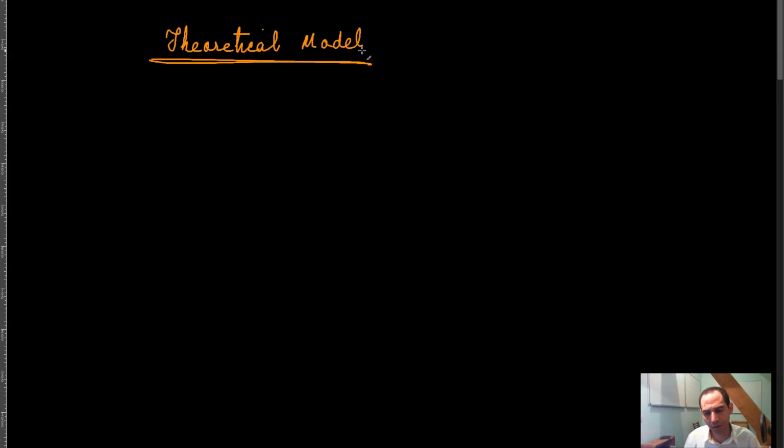The theoretical model enables you to think about things, meaning that without some sort of structure of mind, of course, you will not be able to think about anything. You have to have some sort of structure of mind, and you have to think based on some rules.